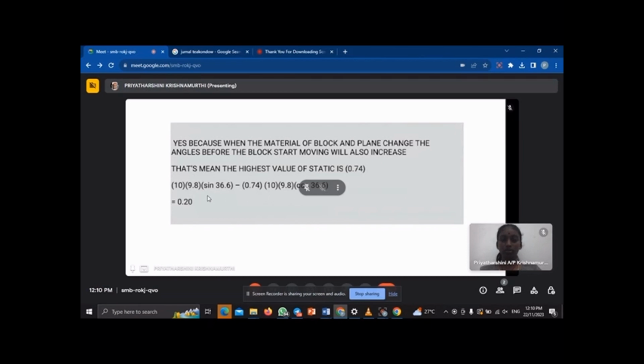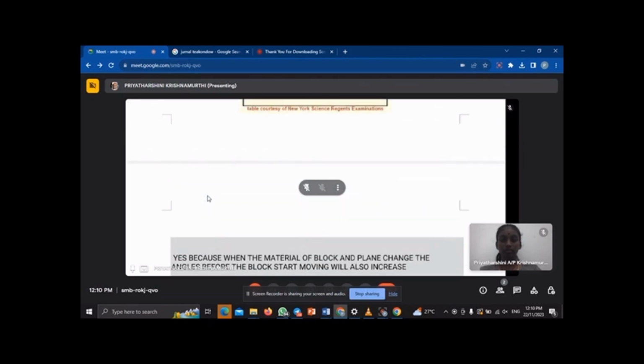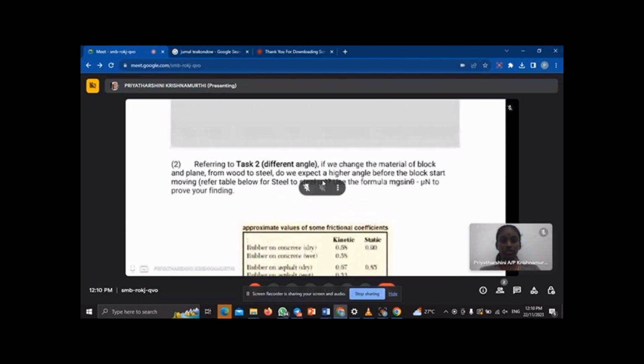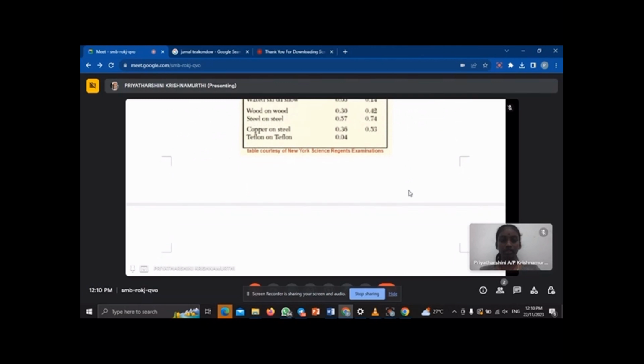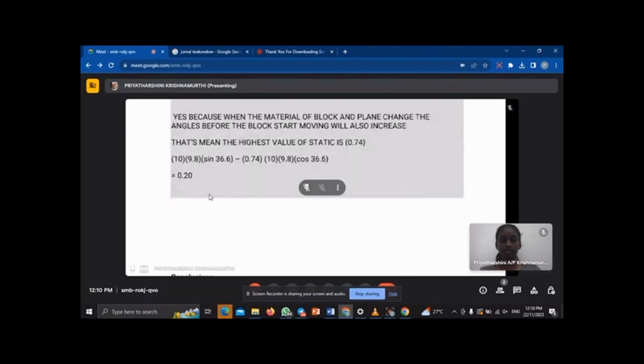When I use the formula given by the question, I get the answer 0.20.